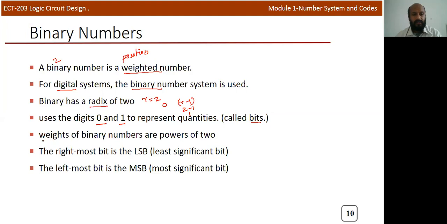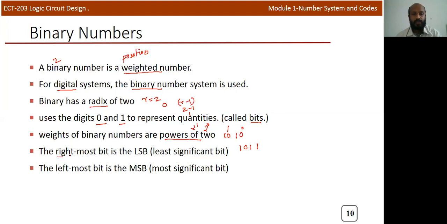And the weights of the binary number system are powers of 2. Just like in decimal we write 10 raised to 0, 10 raised to 1, 10 squared for each position, in binary we use the powers of 2: 2 raised to 0, 2 raised to 1, etc. When you write any binary number, for example 1011, it contains only 1s and 0s.